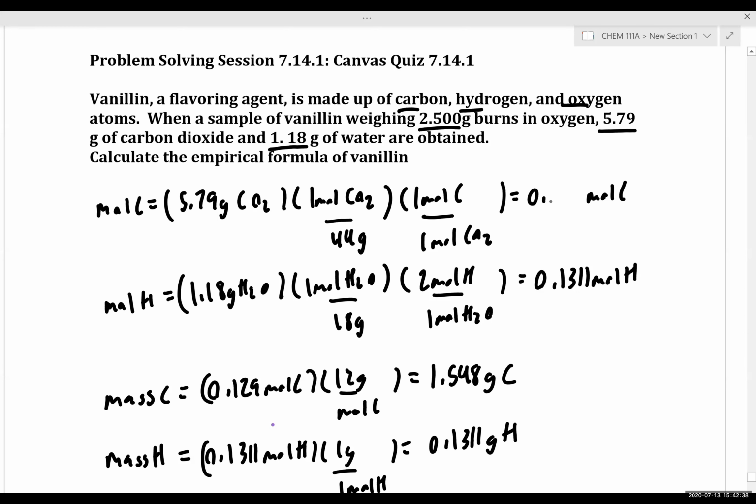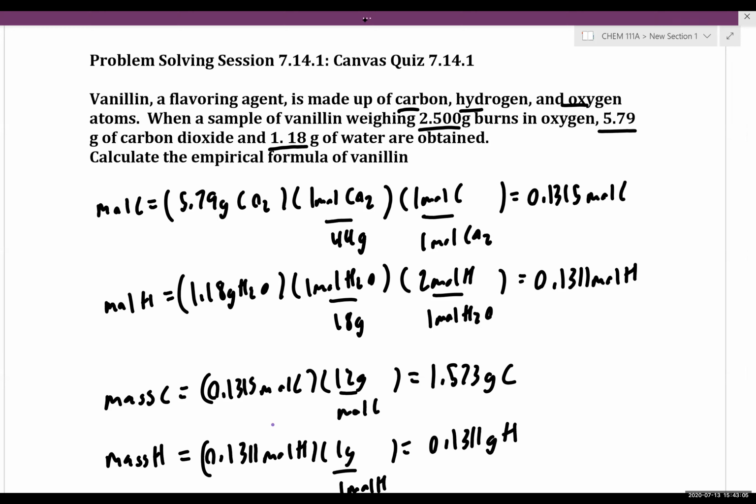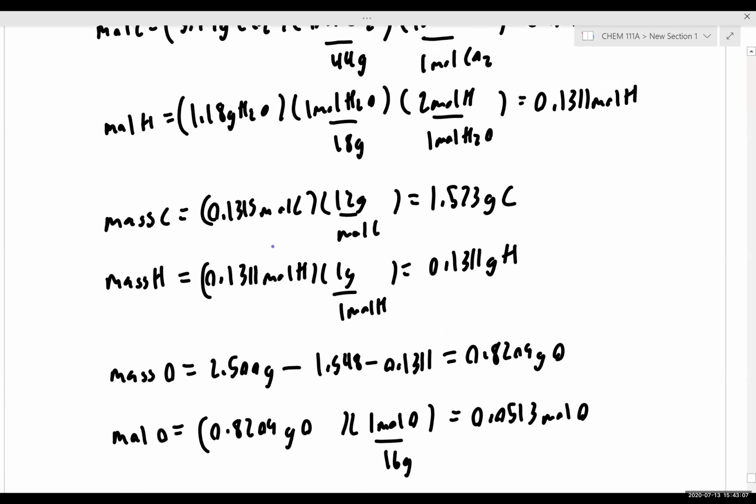This should be 0.1315 moles of carbon. For hydrogen, if things look odd, it's always best to just re-enter things into your calculator and double check your calculations one more time. I know it seems tedious, but it'll save you a lot of grief. So just recomputing after we've double checked our calculations.